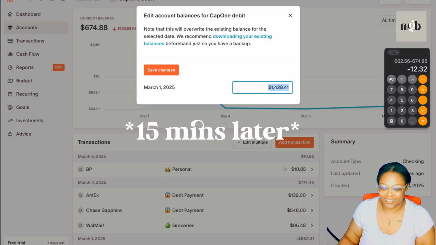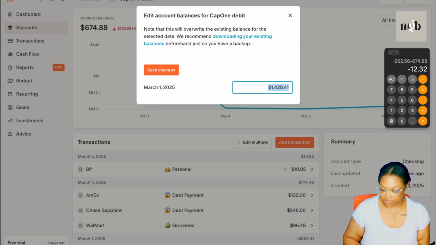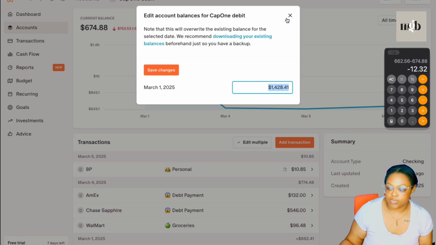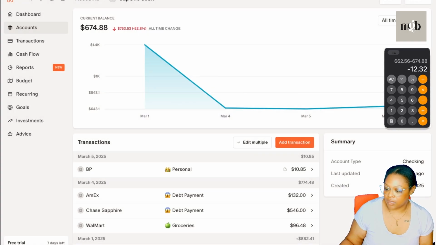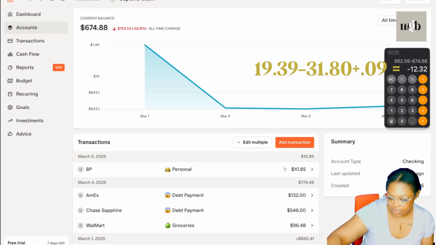Oh, I know. I know what I did. I made the starting balance $31.80. But my paycheck, I was thinking I was doing my Chase debit account. So instead of changing this right here, my starting balance was actually $19.39.